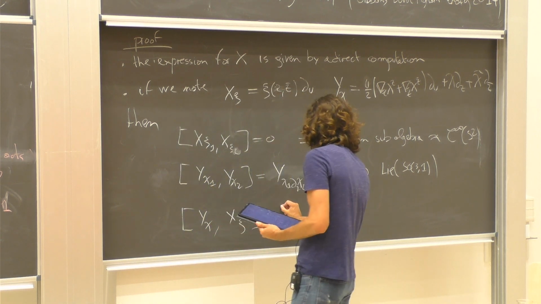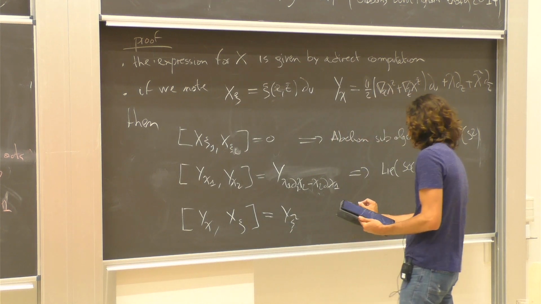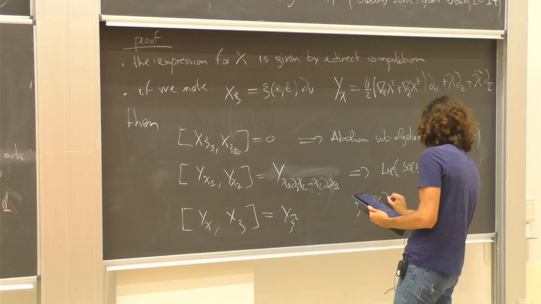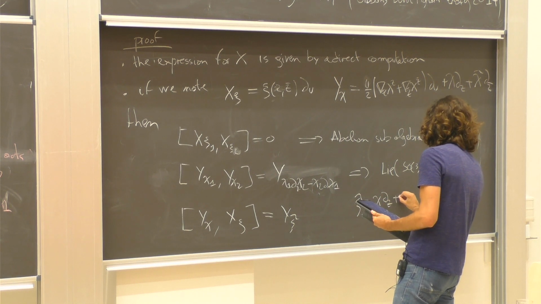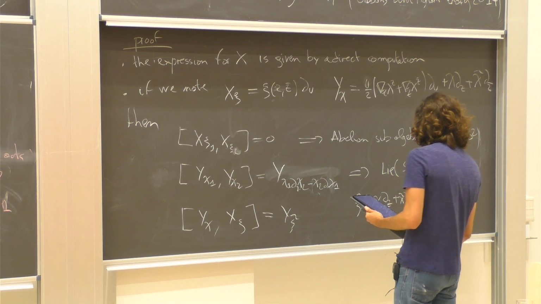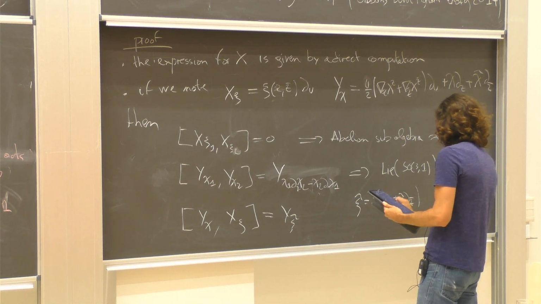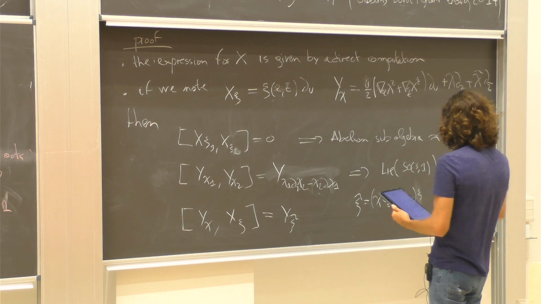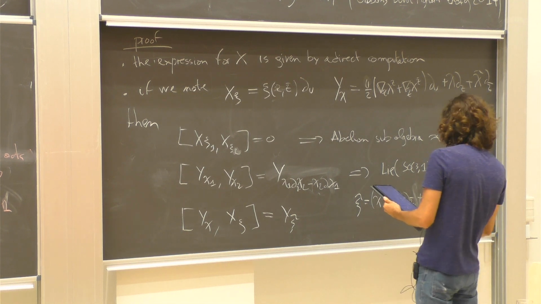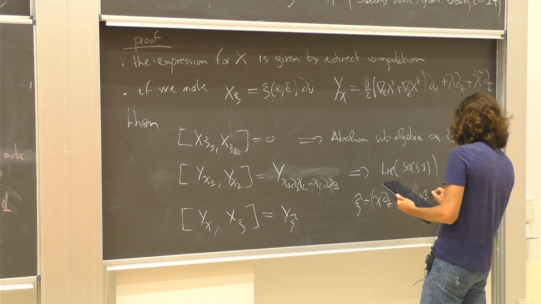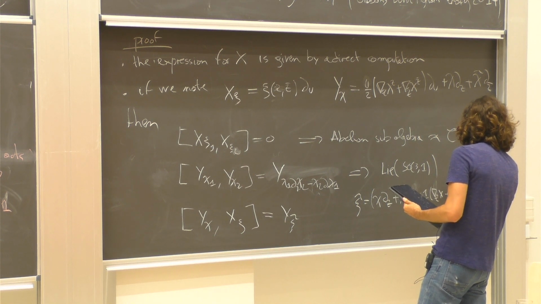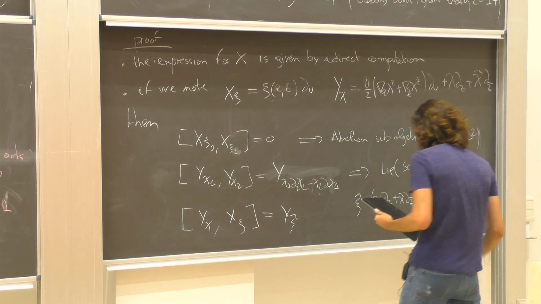You obtain x of psi tilde, where precisely this psi tilde is chi dz plus chi bar z bar acting on psi, plus or minus 1/2 chi times psi.